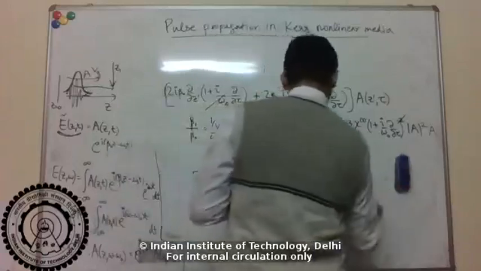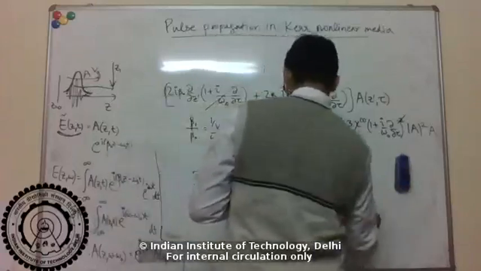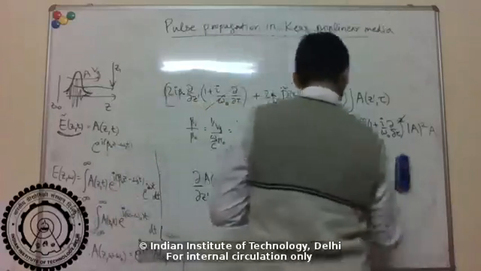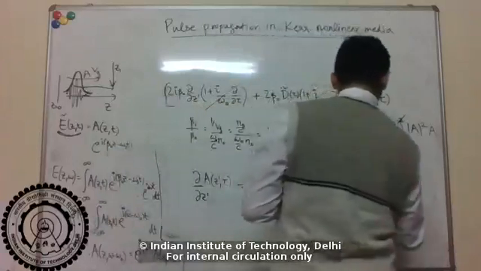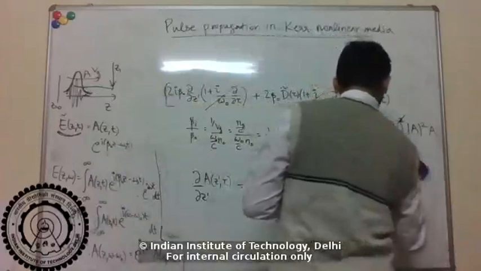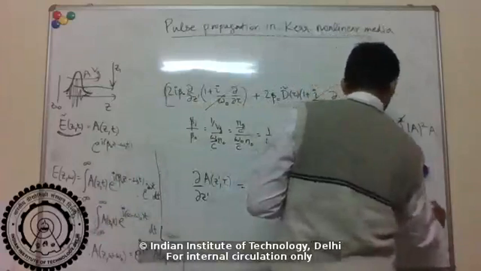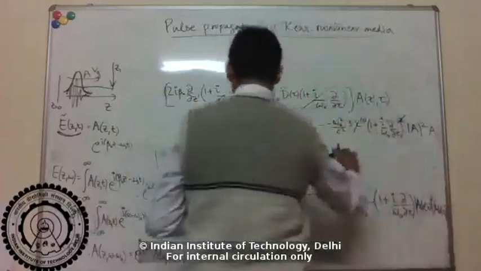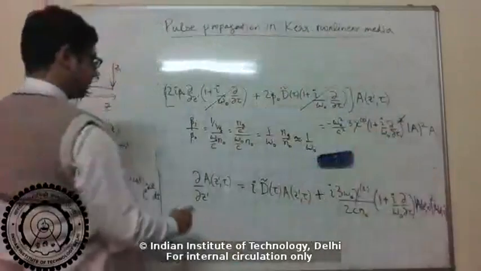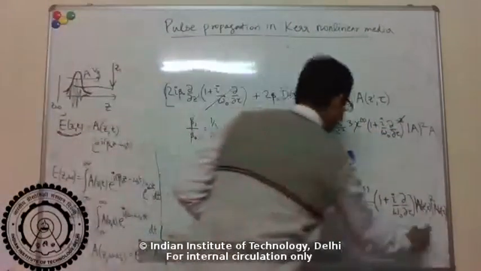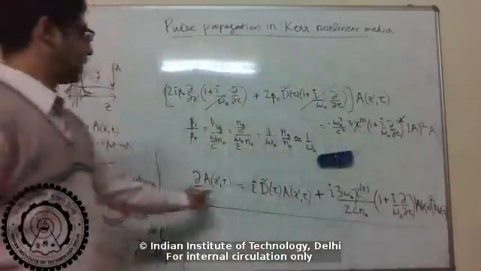Becomes 3 omega naught by 2C N naught. Okay, so basically we end up with this equation now with only 3 terms.